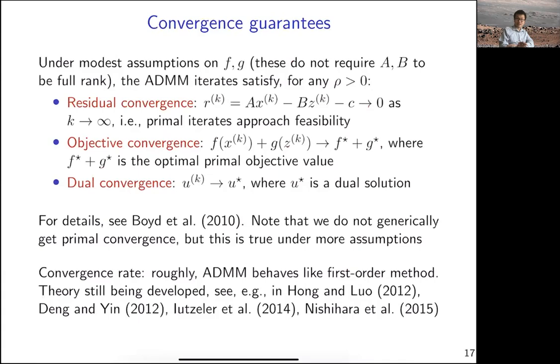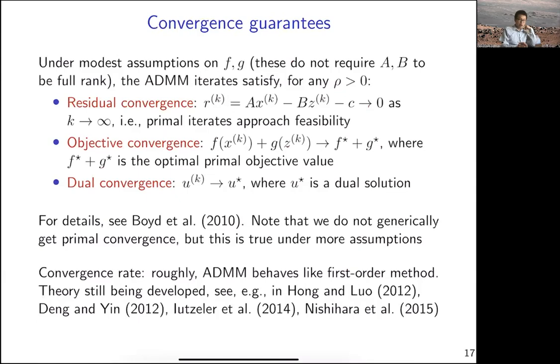Typical convergence analyses for ADMM are of the following form. There are three types of convergence results. You can talk about the residual convergence, in the sense that asymptotically, when the number of iterations goes to infinity, you get a feasible solution.